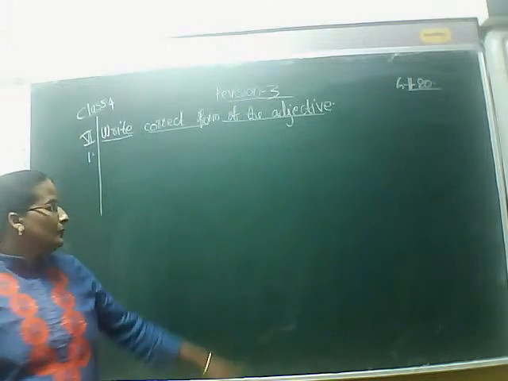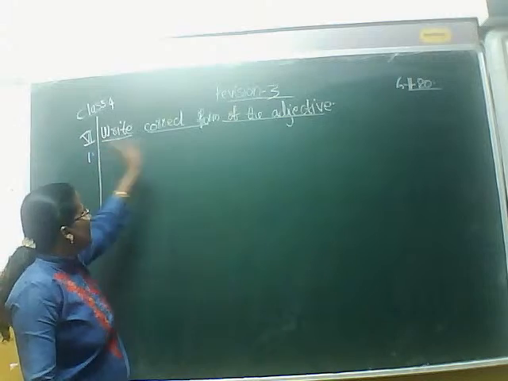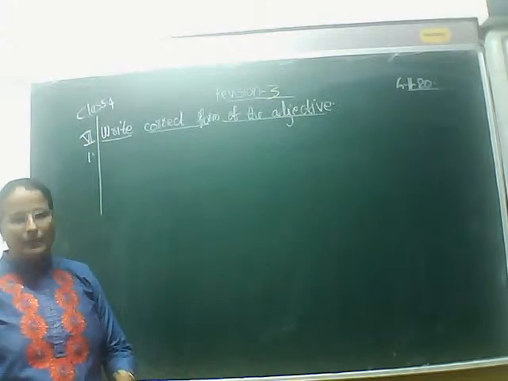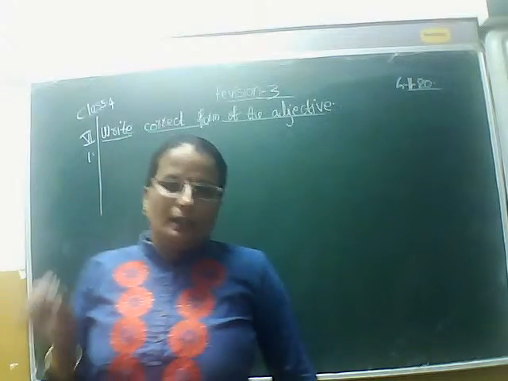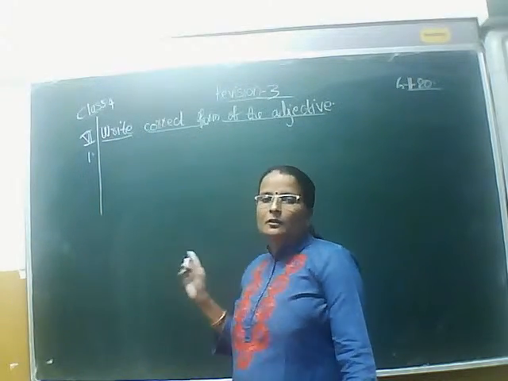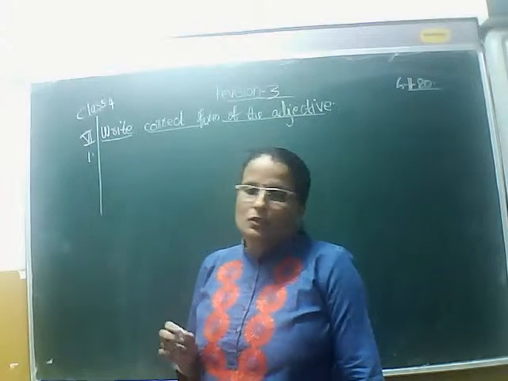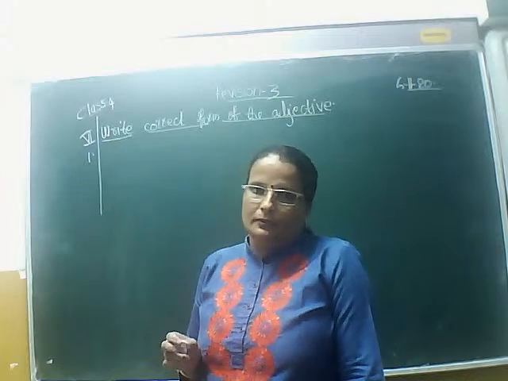If you read in one quick reading, you may understand. Write correct form of adjective. It is not correct adjective. Correct form of adjective means you need to fill the blanks with positive, comparative, or superlative degree of the adjective.